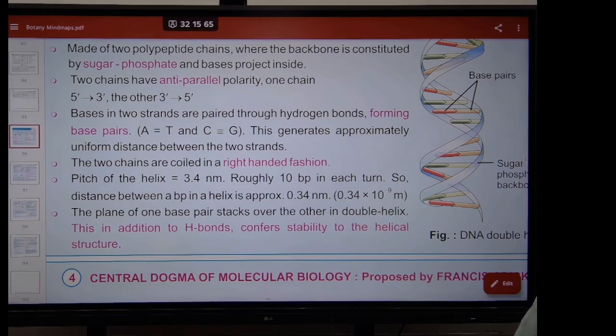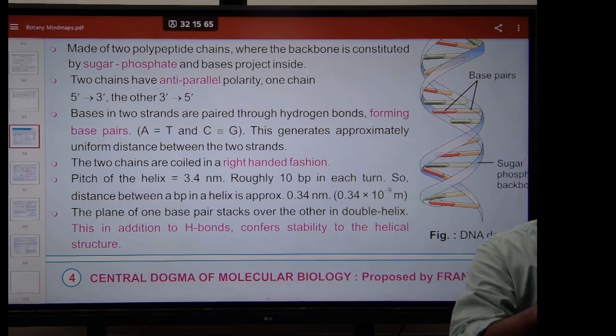And the 5' carbon of the sugar, what does it contain? Phosphate. So one side is hydroxyl group, the other side is the phosphate group. Another chain, it is opposite. This one will have hydroxyl group, the other one will have the phosphate group. So two chains are anti-parallel to each other. 3' to 5', 5' to 3', right?